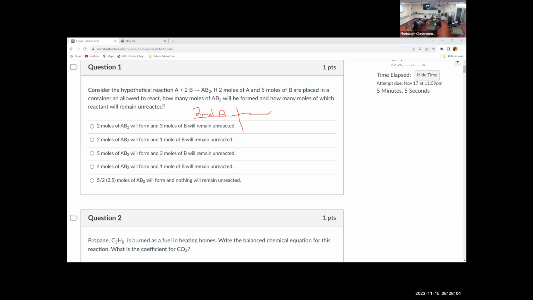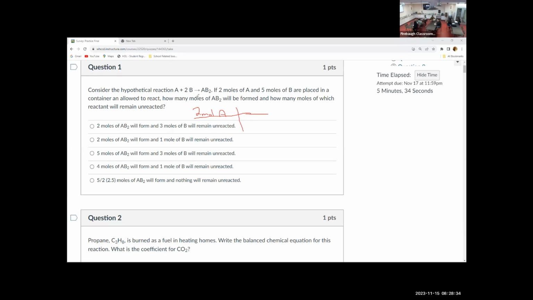This is our balanced chemical equation, right? We want to look at the relationship between A and AB2. In our chemical equation, if I have 1 A, how many AB2 can I make?